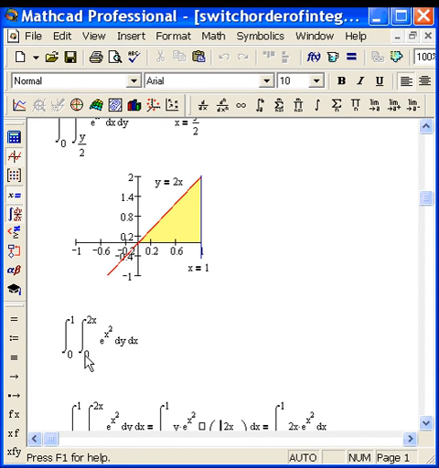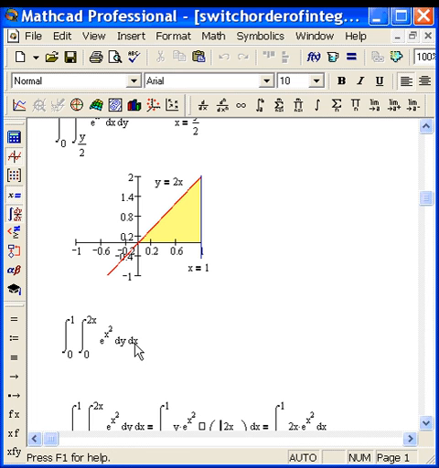So I'd be integrating from y equals 0 to y equals 2x. And the x values would be going from 0 here, where these lines intersect, and 1, where this vertical line ends the region. So these are x limits, x going from 0 to 1.